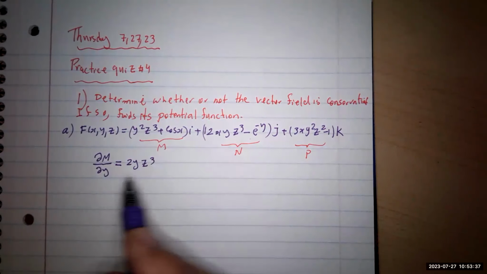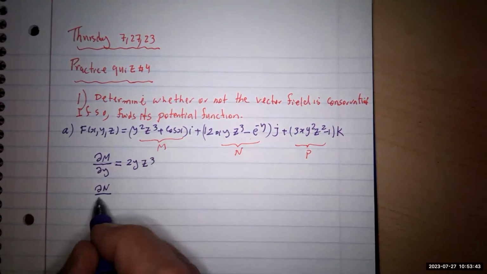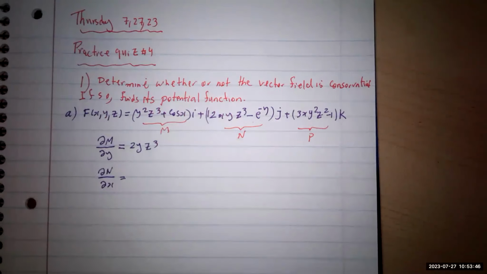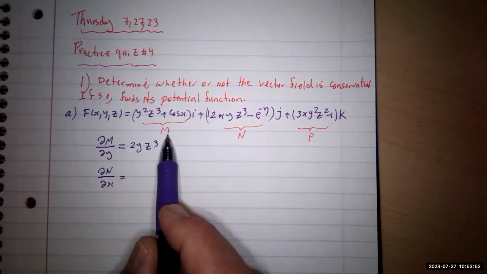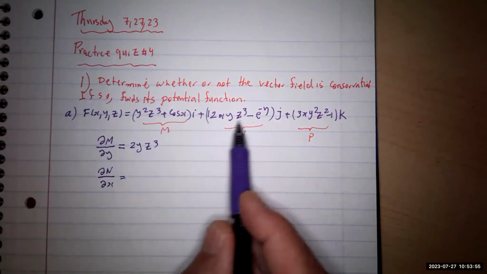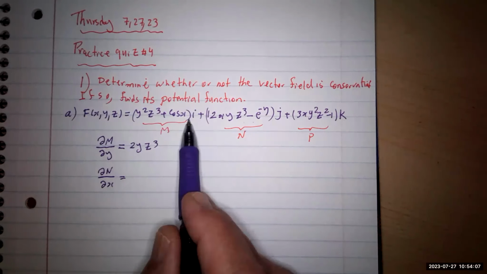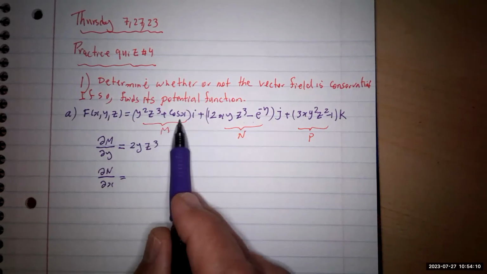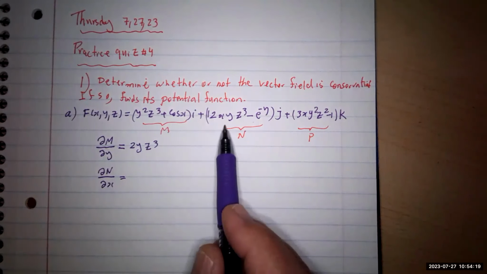Then I want to compare it with this one. N is in the position of y, so I compare it with M by taking the partial with respect to x. Differentiating N with respect to x gives me 12x.